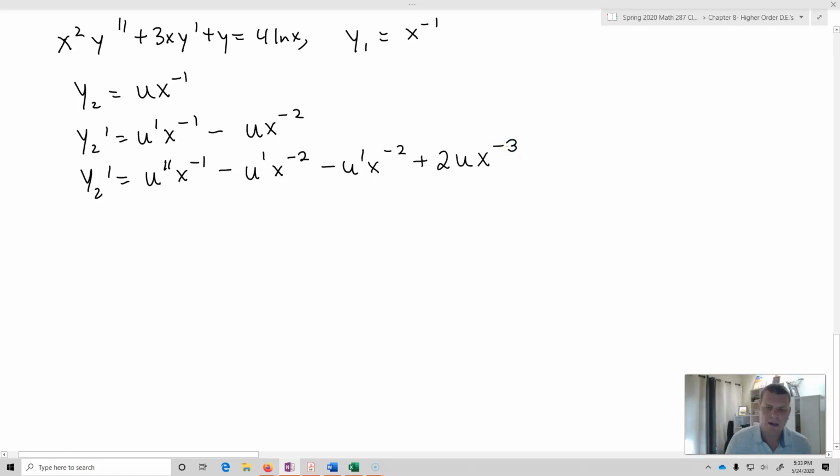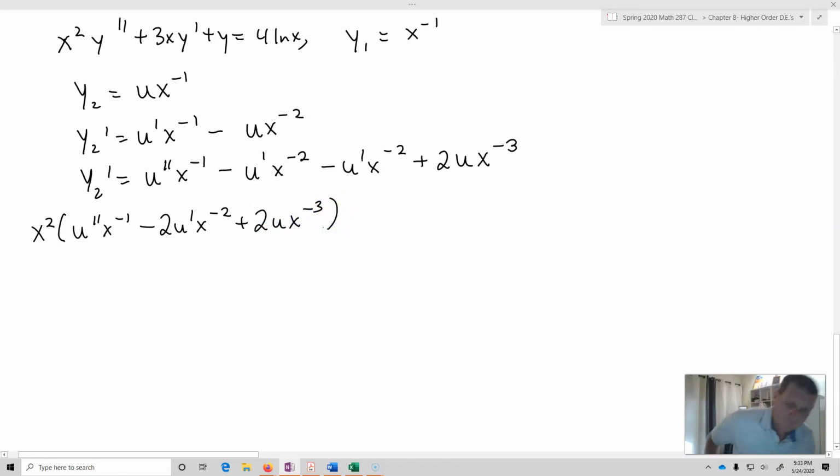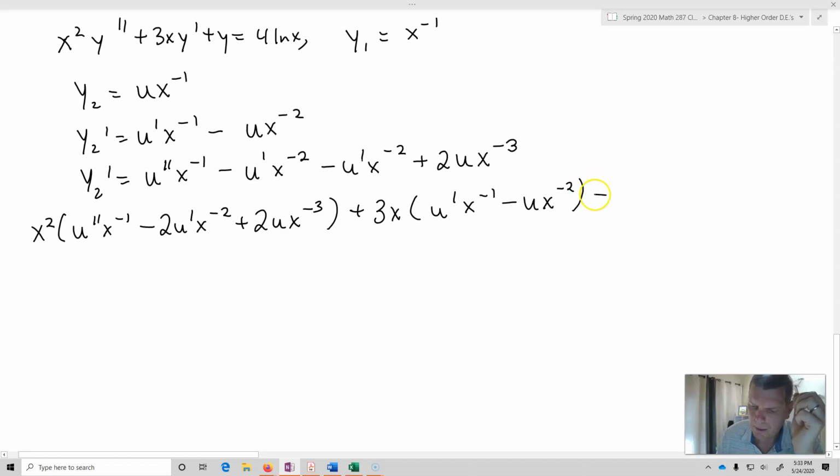Then we're going to plug it back into our differential equation. So this is going to be x squared times u double prime x to the negative 1, minus 2u prime x to the negative 2, plus 2u x to the negative 3, plus 3x times u prime x to the negative 1 minus u x to the negative 2, plus u x to the negative 1, which will all equal 4 ln of x.